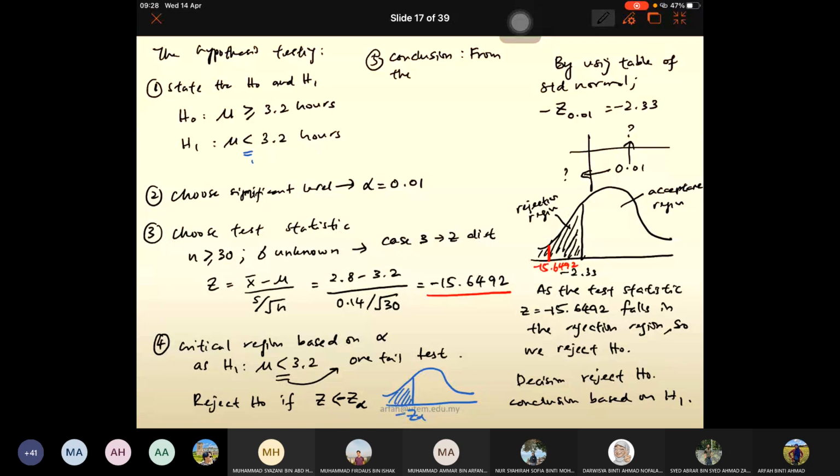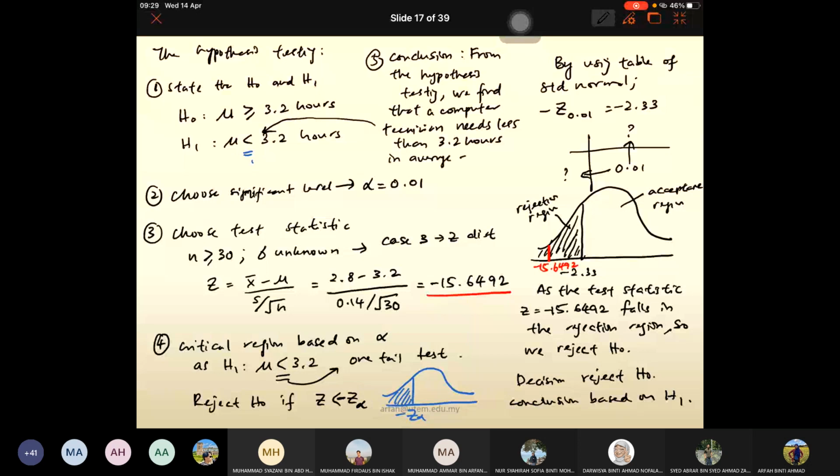So from the hypothesis testing, we find that a computer technician needs less than, sebab H1 awak adalah less than 3.2 hours, okay, in average, to solve a problem of troubleshooting.